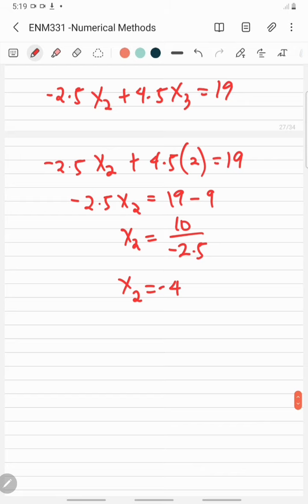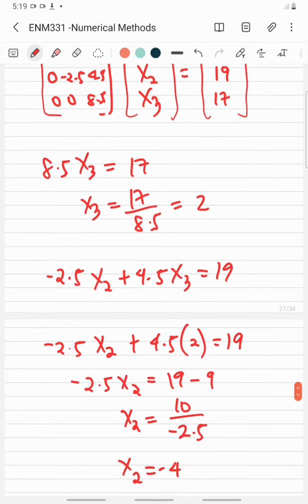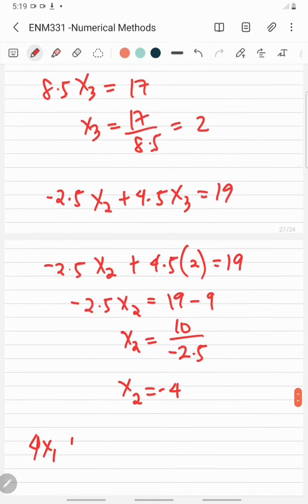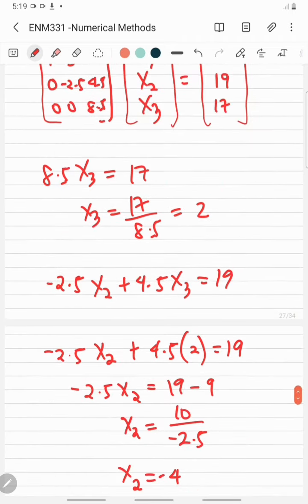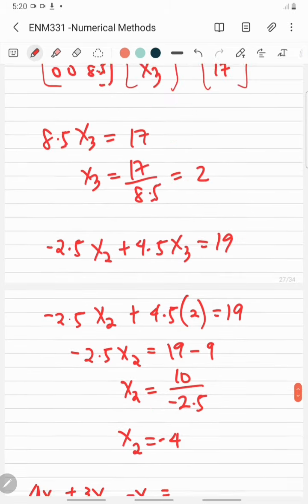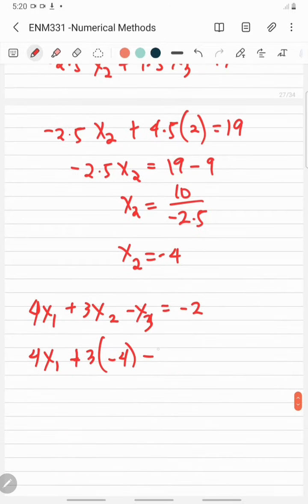Okay, so for x1, that is the first equation, we have 4x1 plus 3x2 minus x3 equal to negative 2. So again, to compute x1, we will substitute the values of our x2 and x3, so that is 2.